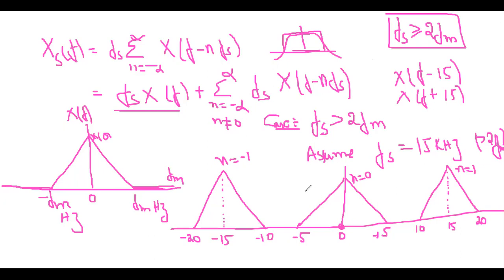After sampling we got copies at n equal to minus 1, plus 1, plus 2 and so on. But the low pass filter does not allow the high frequency values greater than 2 FM, whether ideal or practical characteristics.